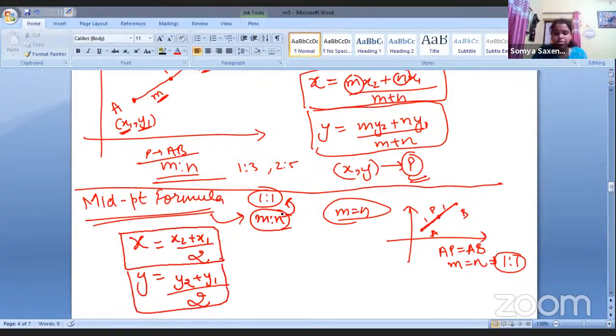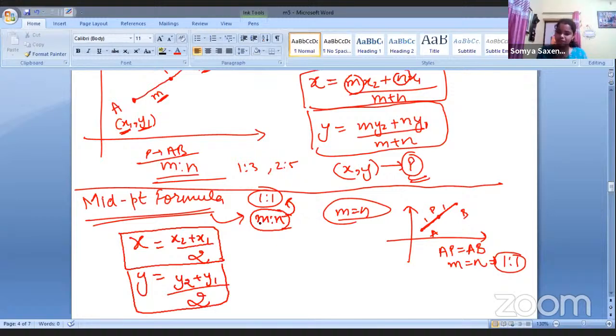If the ratio is 1:1, we can say that the point P is the midpoint of the line segment, or it is dividing the line segment into exactly 2 parts, so we can call it the midpoint. And if it can be called the midpoint, then the ratio has to be 1 ratio 1. Even if it is any other, like 100 ratio 100, again they can be cancelled out to 1:1, so there is no worry in that.